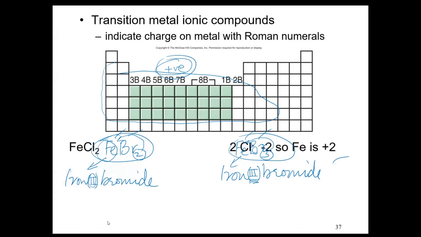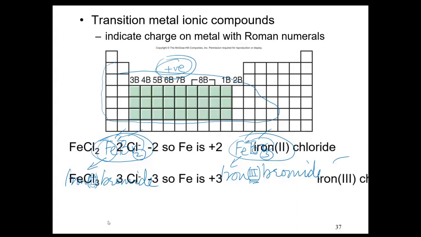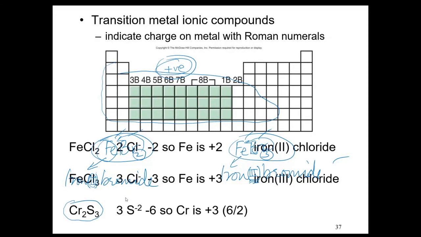Okay. Here we have another example. Cr2S3. What should be its name? Chromium 3 sulfide.